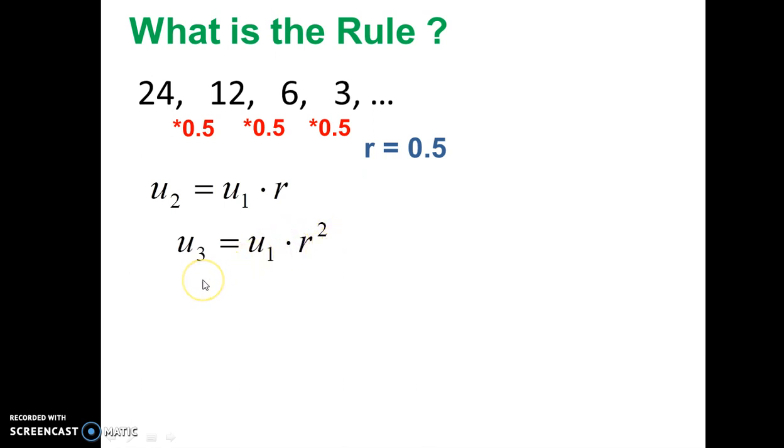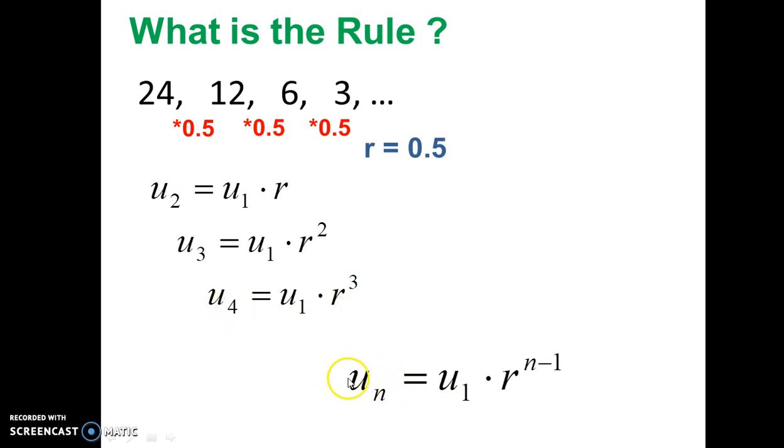So what do you think u4 is going to be? All right, try to write your own formula for u4 in the same kind of format. Hopefully you got this. So u4, to get to the fourth one, you take the first one, u1, and you multiply by the common ratio 3 times, right? To go from the first one, you multiply once, twice, 3 times by the common ratio. And just like last time, there's a pattern here. The pattern is that this number is 1 less than this number always.